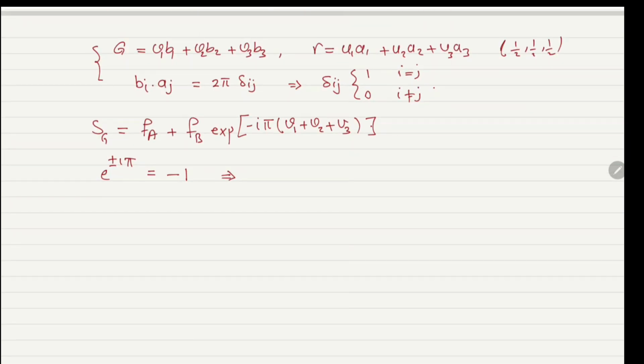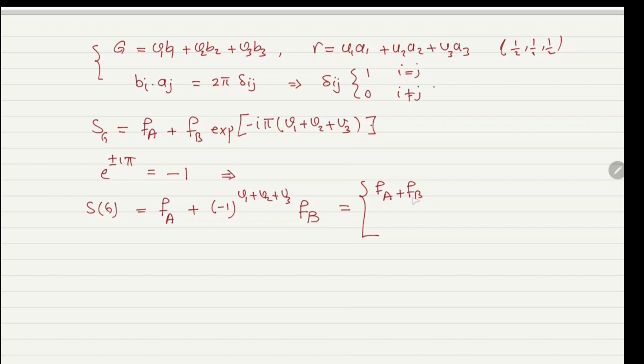Therefore, the structure factor is equal to f_A plus (minus 1) to the power (v1 plus v2 plus v3) times f_B, and the answer will be f_A plus f_B if v1 plus v2 plus v3 is even, and f_A minus f_B if v1 plus v2 plus v3 is odd.